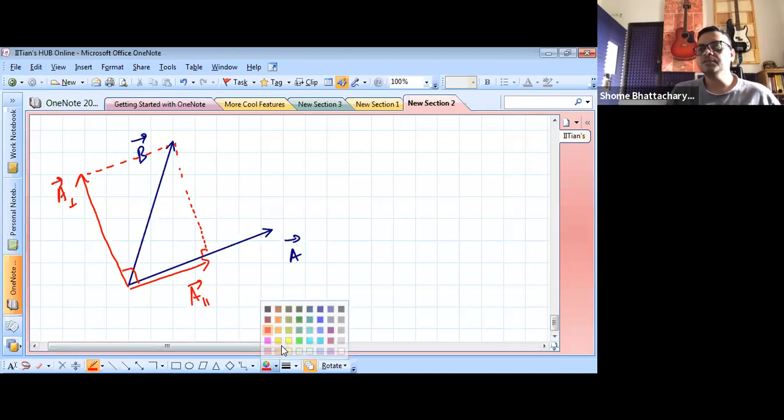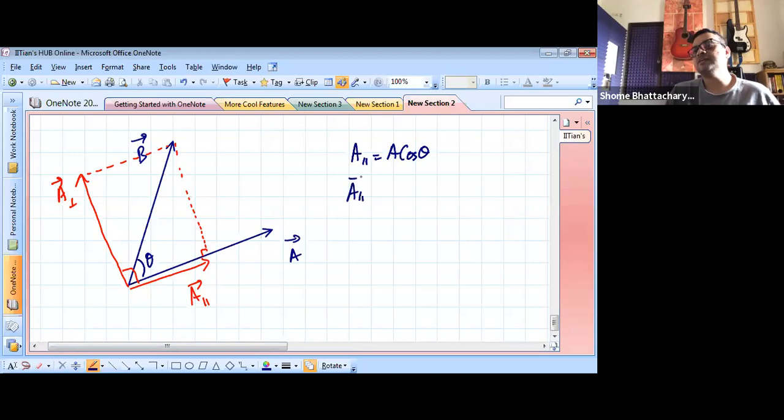So if the angle between them is theta, you can see that the A parallel has a magnitude of A cos theta, and A parallel as a vector is along the vector, and A perpendicular has a magnitude of A sin theta.